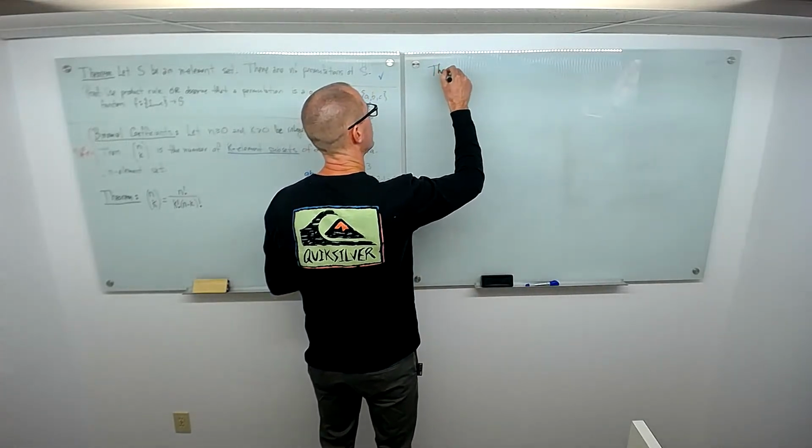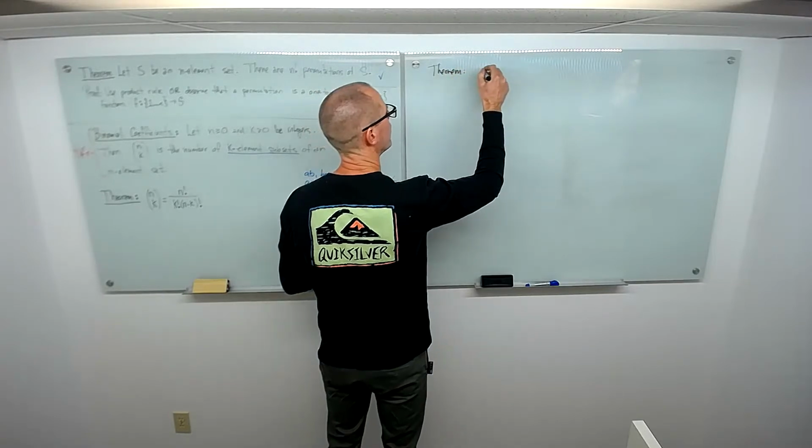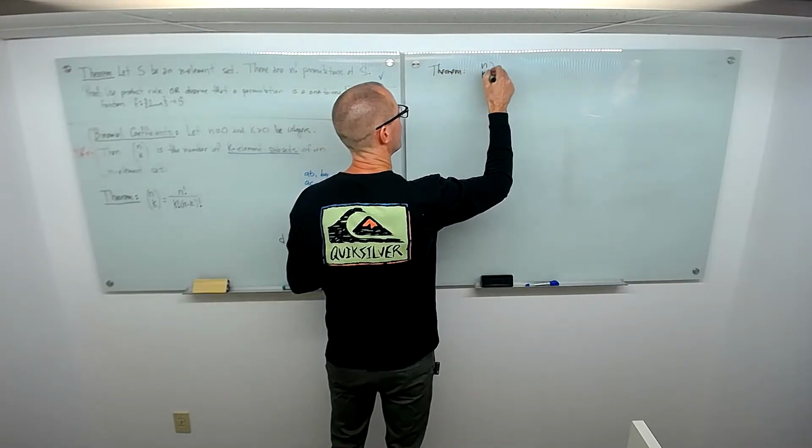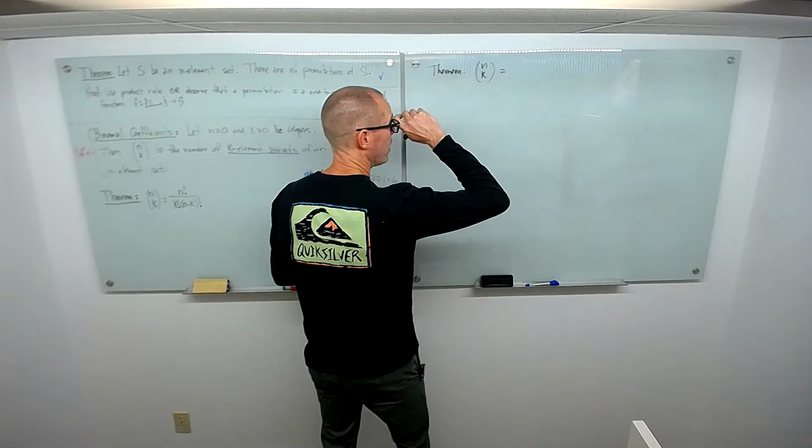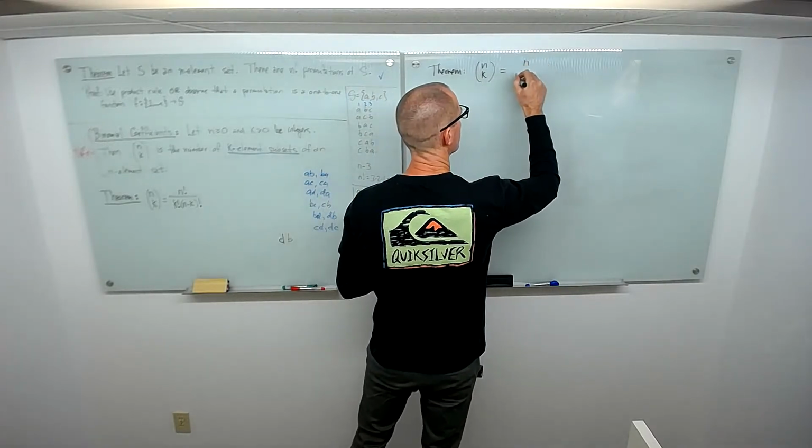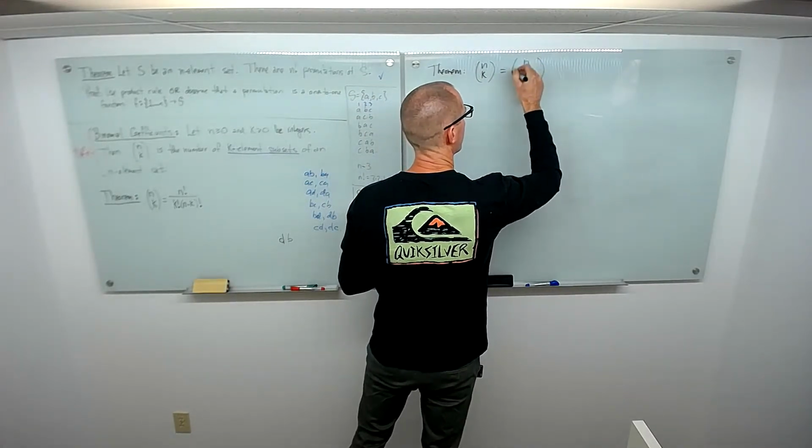So here's the theorem. N choose k is equal to n choose n minus k.